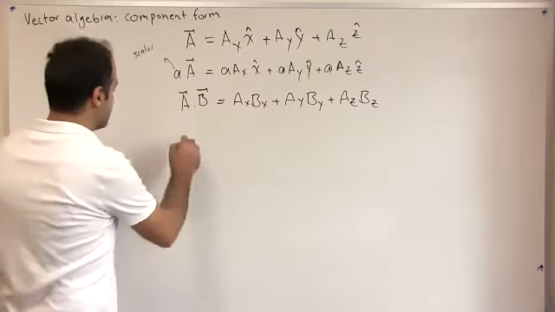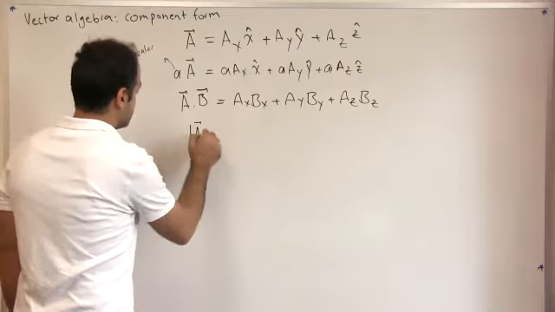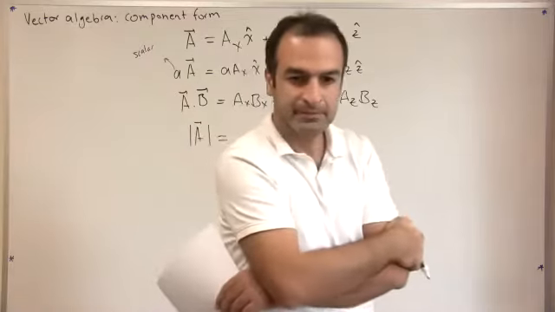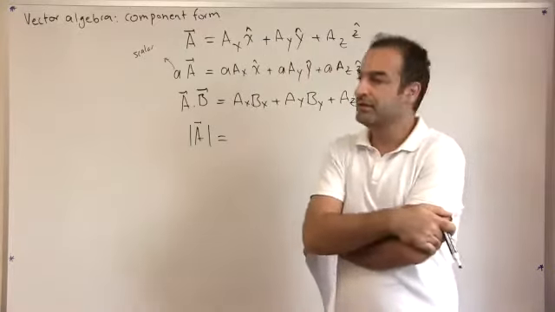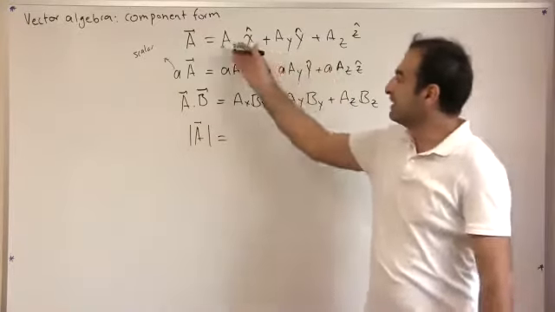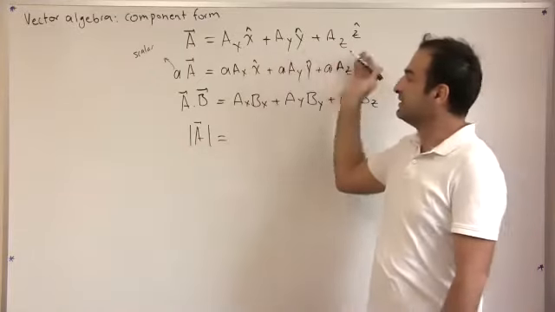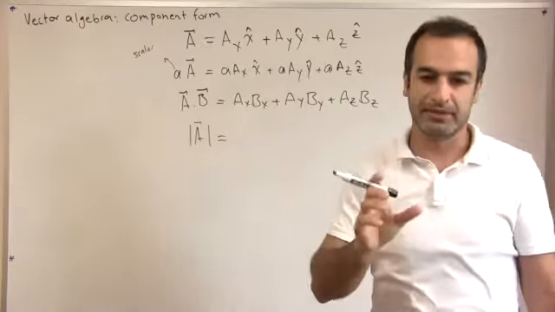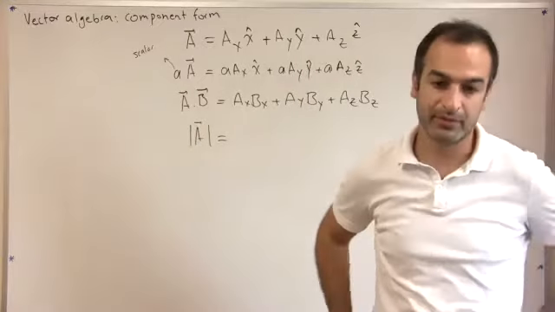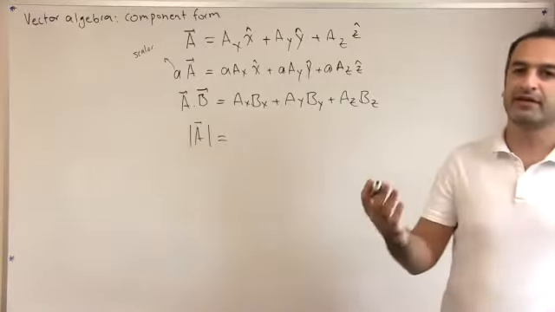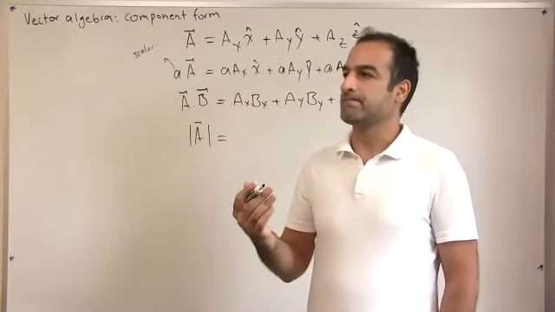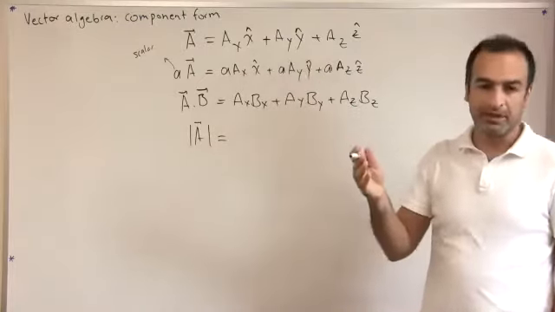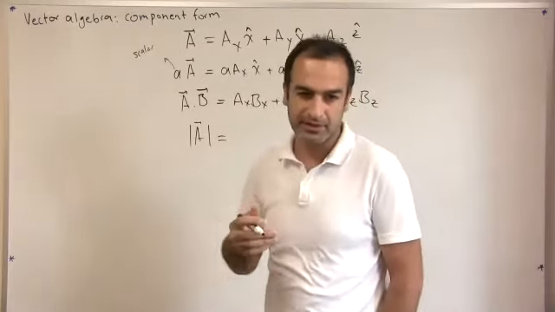And then how about the magnitude of vector A in terms of the components? Here we are careful and we understand that these components, x, y, and z, are in Cartesian coordinates and they are always perpendicular to each other. That's quite important. You cannot define a random coordinate system where the unit vectors are not perpendicular to each other.